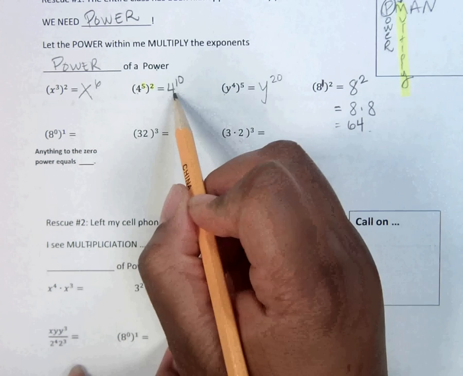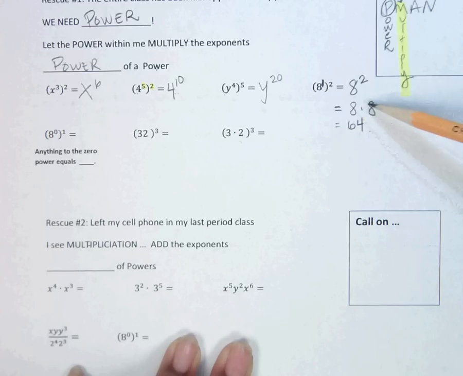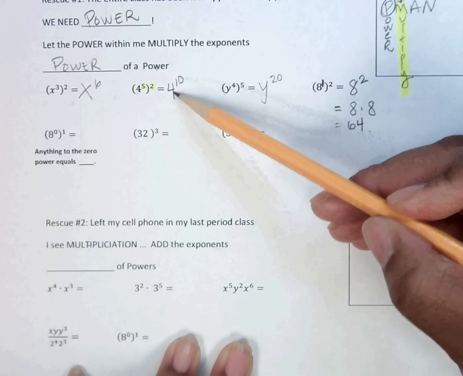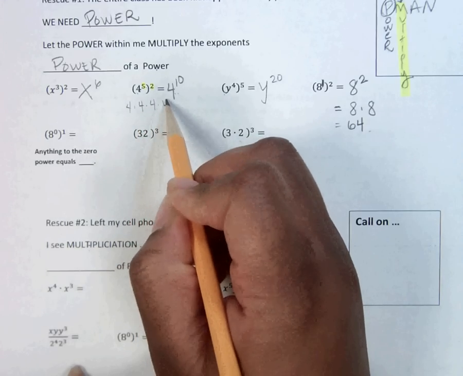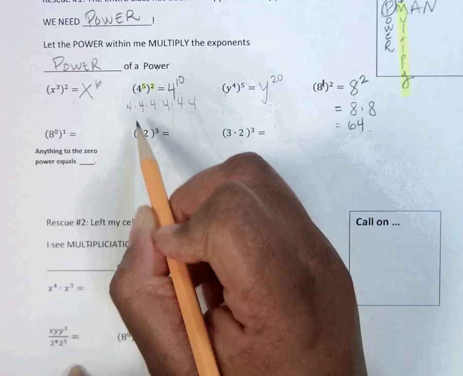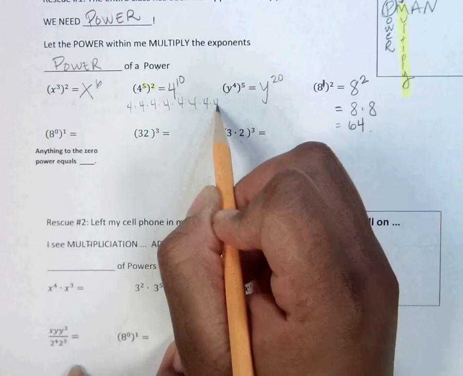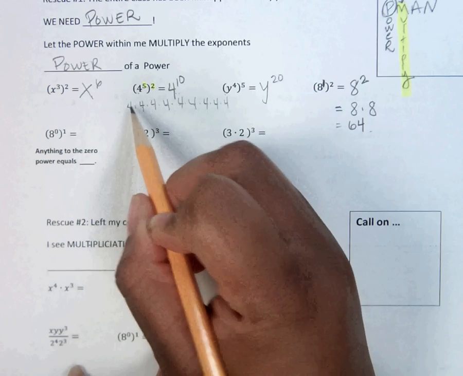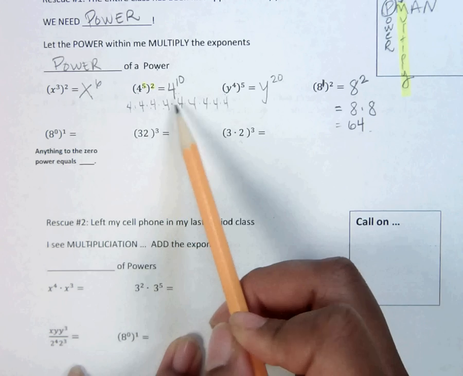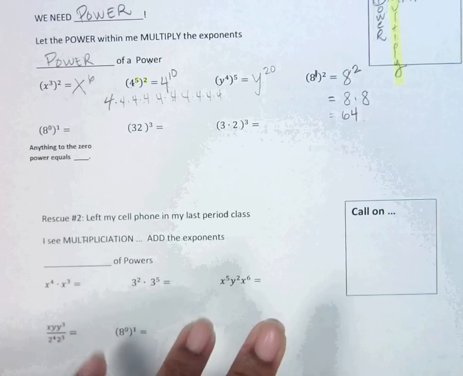Since I did that one, let's talk about this one. 4 to the 10th. How many times am I going to write the 4? Well, I wrote this one twice because the exponent told me to. So this doesn't become 40. It becomes 4 times 4 times 4 times 4 times 4 times 4. 2, 3, 4, 5, 6. We need 4 more. 1, 2, 3, 4, 5, 6, 7, 8, 9, 10. Just double checking.